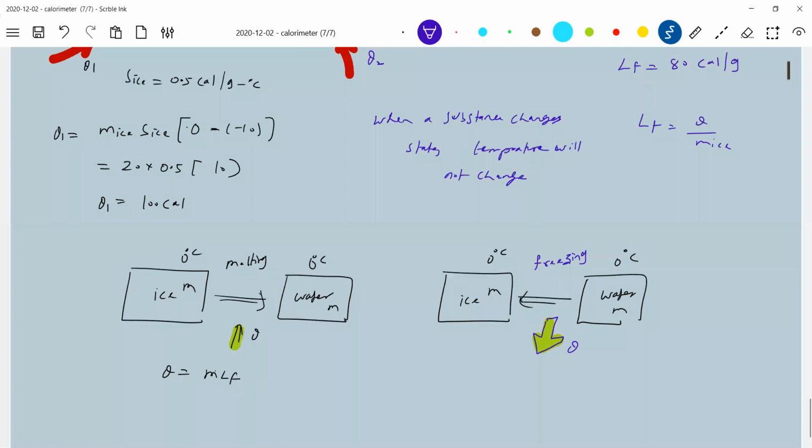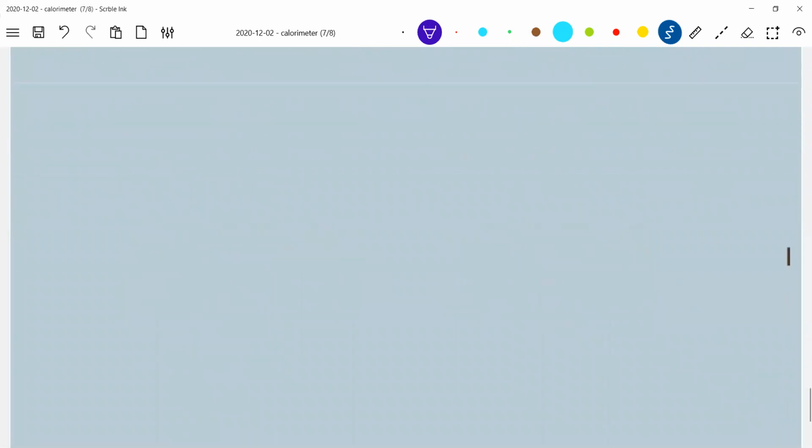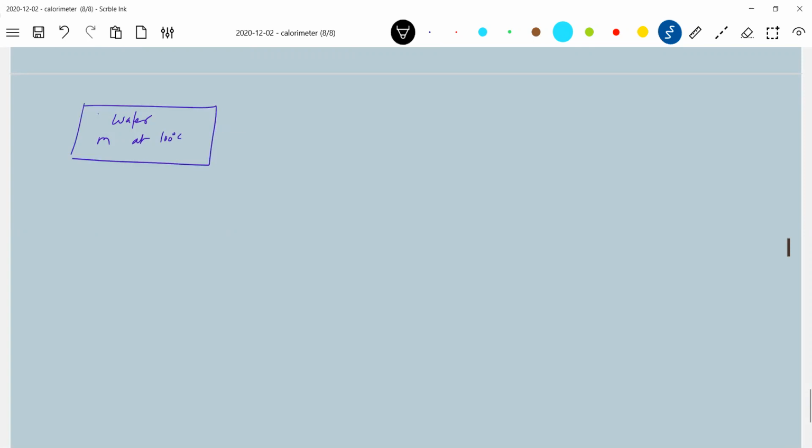So similarly, we'll go for water at 100 degrees Celsius. M grams of water, I'll supply heat, and it will change its state to vapor or steam, better write vapor, m grams of vapor at 100 degrees Celsius.